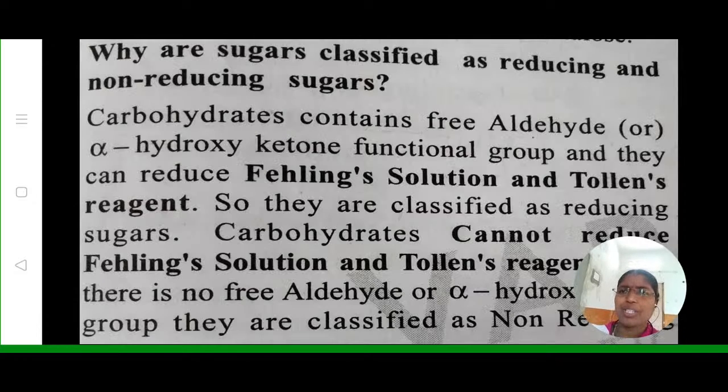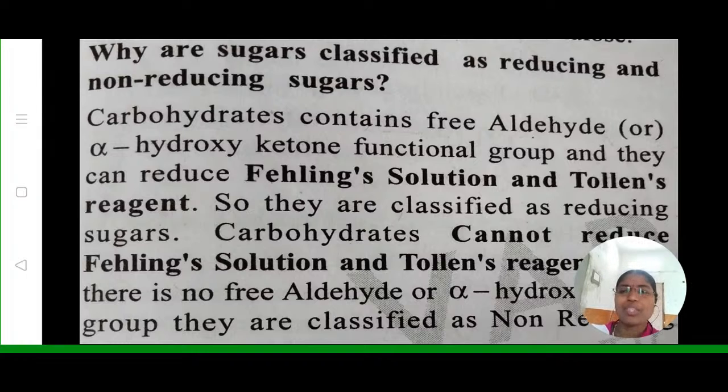Why are sugars classified as reducing and non-reducing sugars? The answer: a carbohydrate contains a free aldehyde or alpha hydroxy ketone functional group, and it can reduce Fehling's solution and Tollens' reagent, acting as a reducing agent.